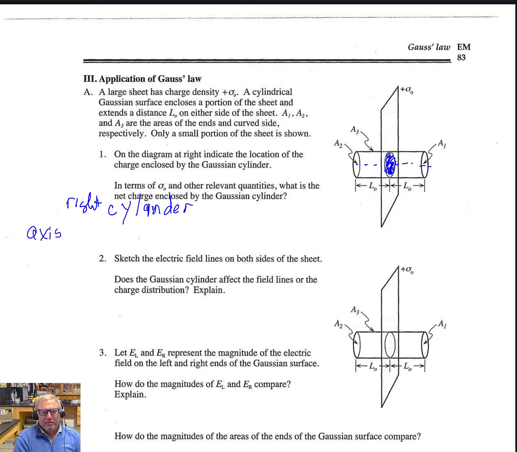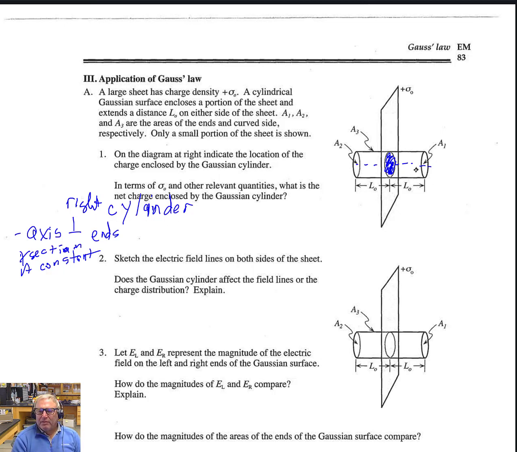That's what a right cylinder is. Axis perpendicular to ends. And what else? The cross section area is constant. That means it's not tapered. Okay, that's the definition of a right cylinder.